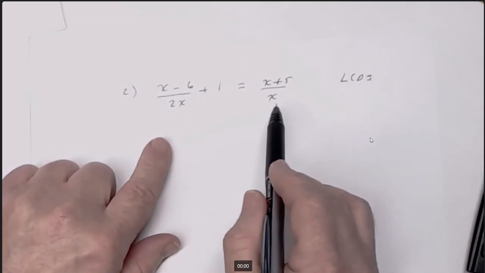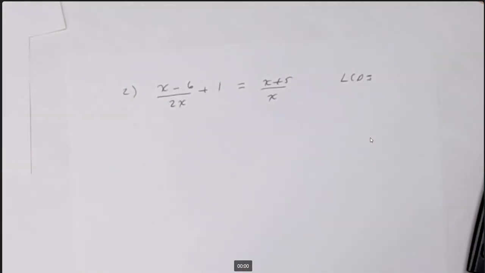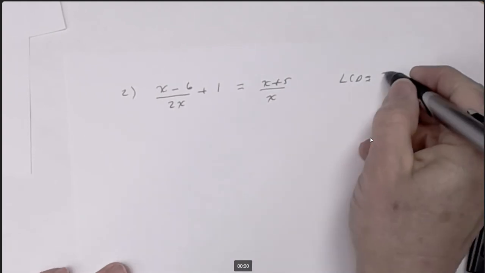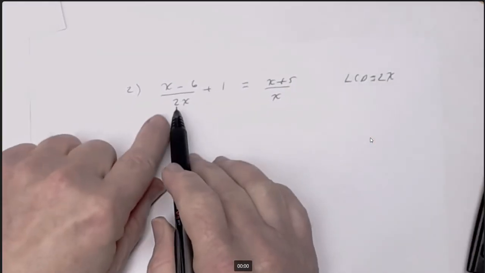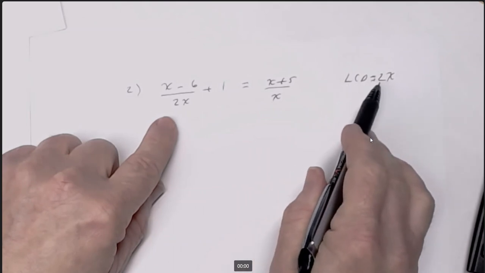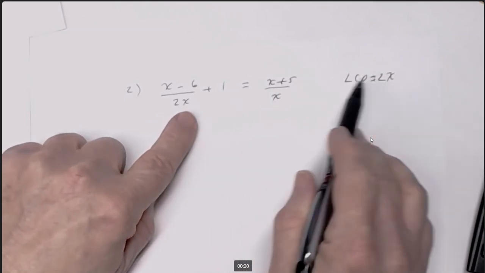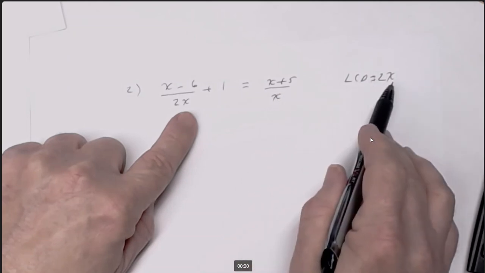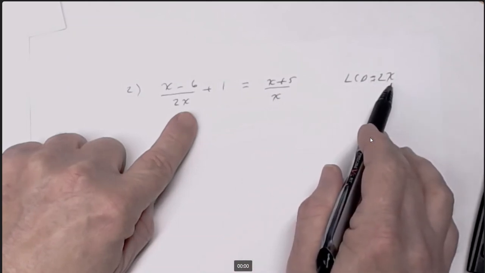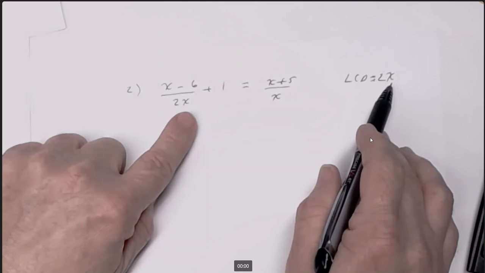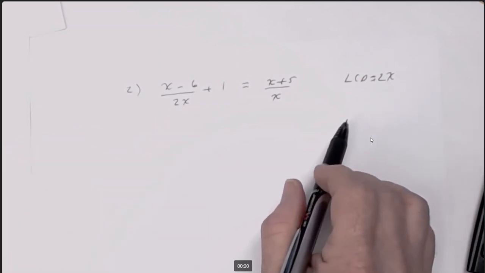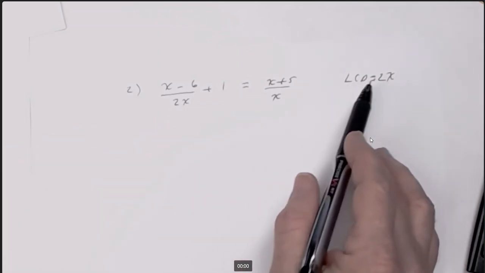Because 2x is listed, and x is listed, right? And then this x is listed here as well. Don't list it twice, only list it once. So your least common denominator is 2x. So then you're going to multiply both sides by 2x. I want you to notice, though, on this one, I think we did one earlier. Let's see if I can find it.